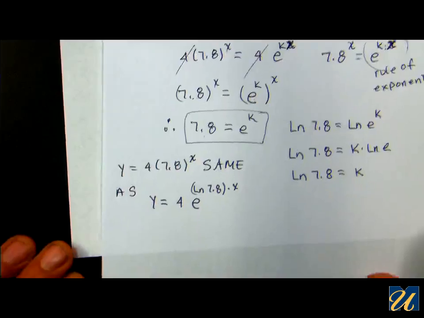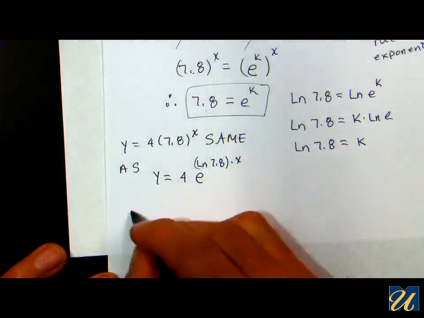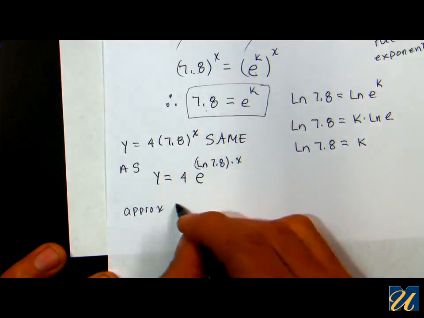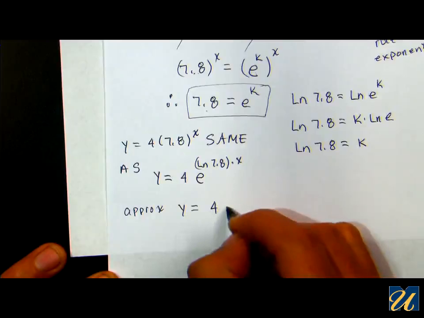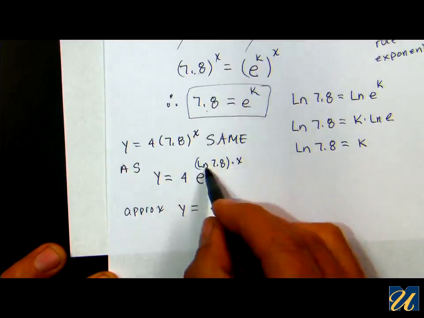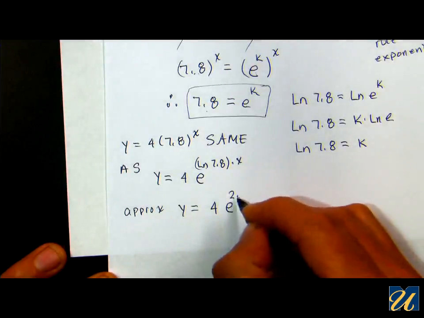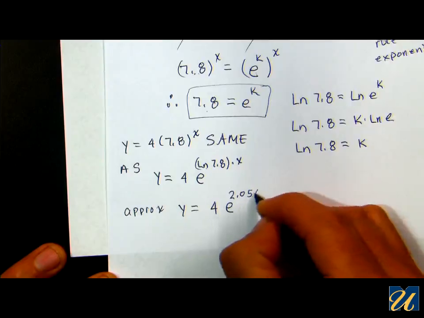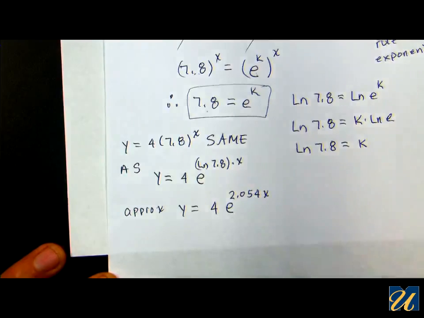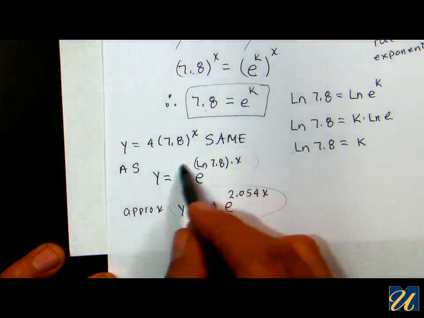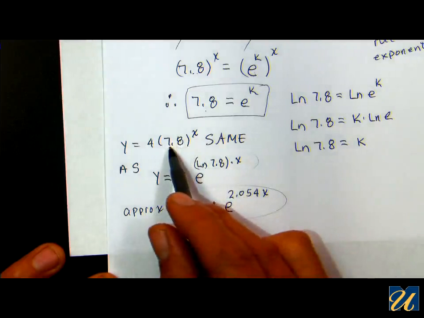Or we could say approximately our new model is y equals 4e, take log of 7.8 on the calculator, which is approximately 2.054 x. So here's the approximation, and this is the exact version.